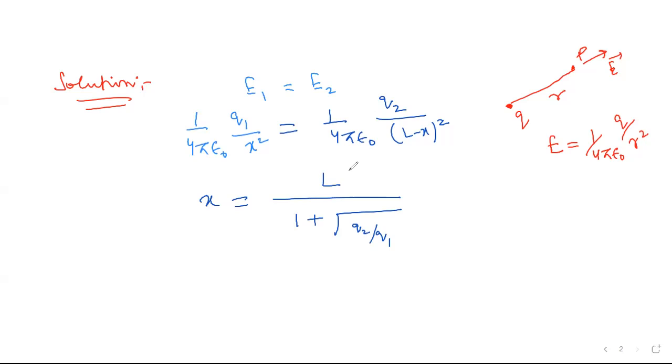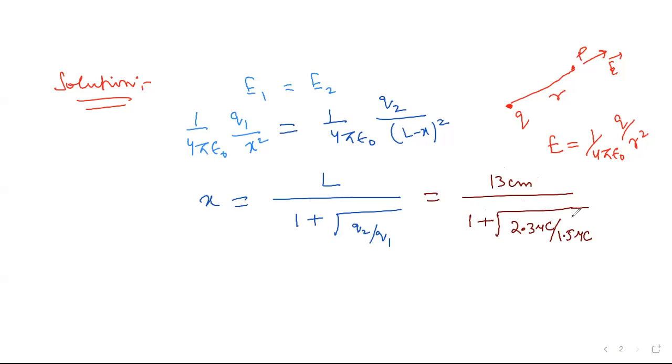So let us put the numbers. Our L is 13 centimeter, and then we have 1 plus square root of 2.3 microcoulomb over 1.5 microcoulomb.